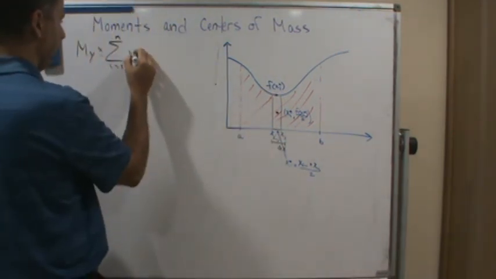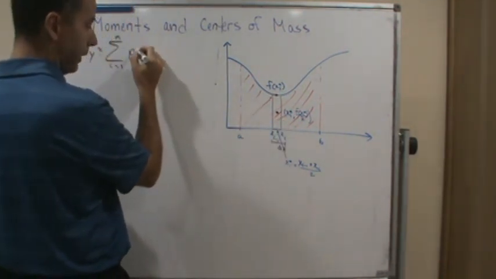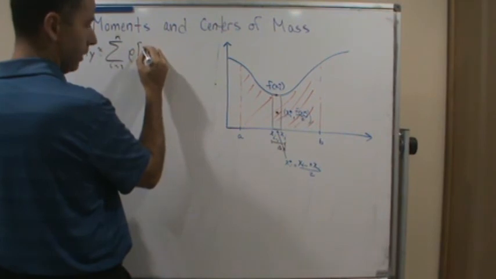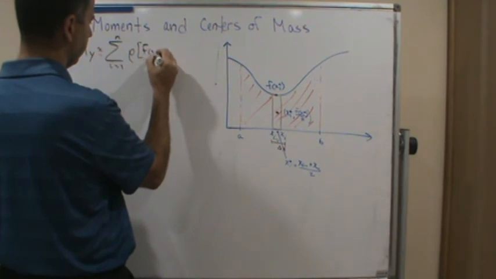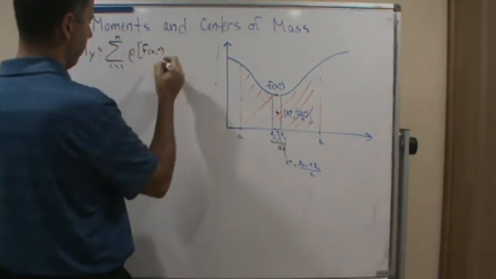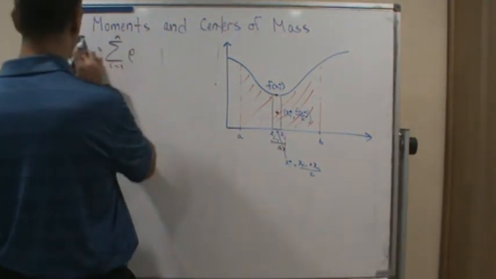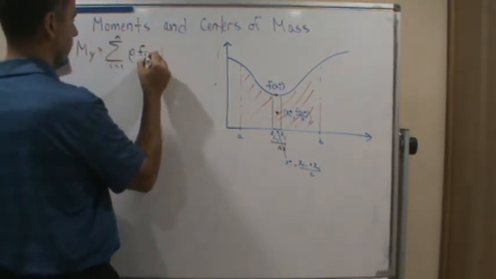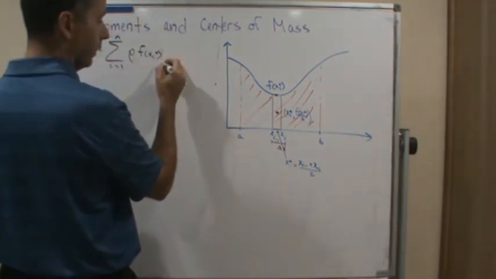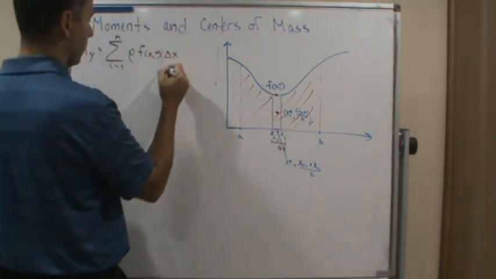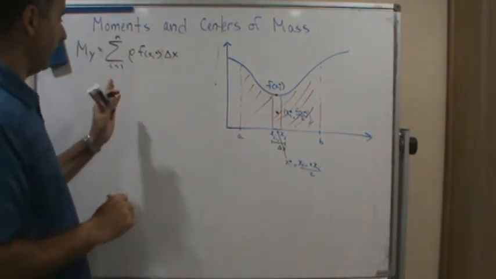So it's going to be rho times the area, which we already know, f of x sub i star times delta x.